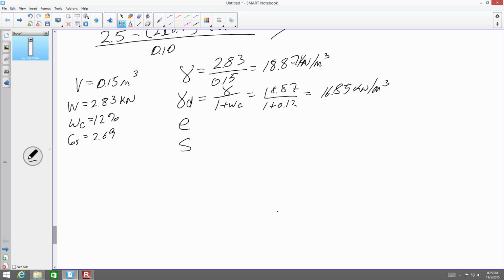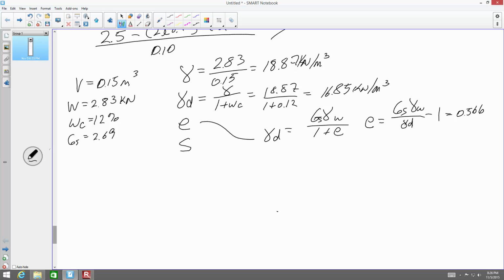Easiest way to get there is, gamma D is equal to G gamma W over 1 plus E, and rearrange that. Because you know gamma D, you know what G sub S is, and you always know the unit weight of water. So if you rearrange that, you get E equals G sub S gamma W over gamma D minus 1. Plug into that, you get 0.566.